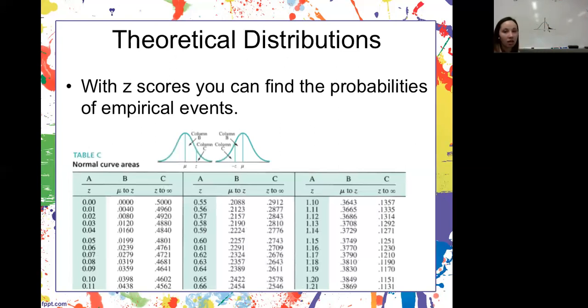So I'm interested in this shaded piece here. If that's what our problem is asking us for, the edges, we're going to use our z to infinity column, or column C. In this case, what proportion of the distribution is associated with 1.1 or higher? Our answer for that would be 0.1357.